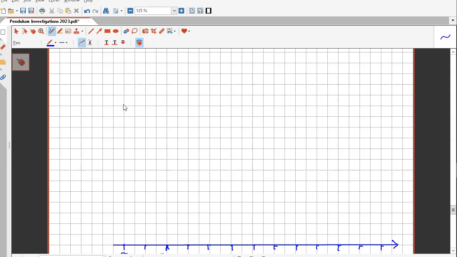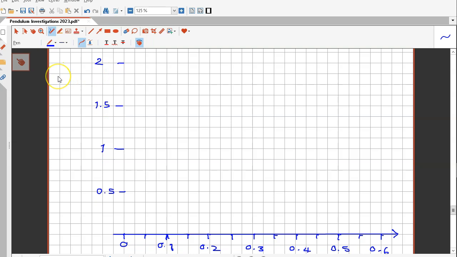We could say 8 boxes. It's a little bit of an inconvenient scale, but we can go with it. 1, 2, 3, 4, 5, 6, 7, 8. We'll call that 1. And that means halfway is 0.5, then over here will be 1.5, and over here will be 2.